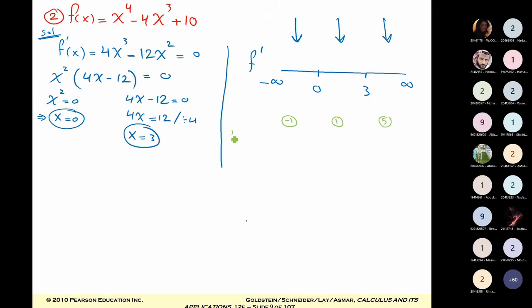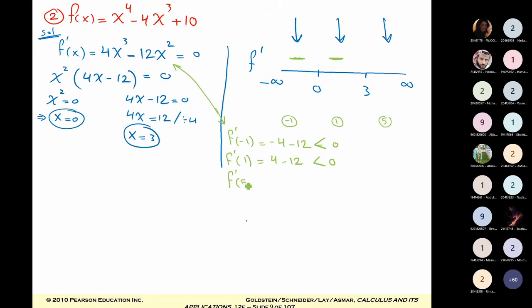Okay, so f prime of -1: we have -4 minus 12, which is less than 0, negative. Substituting 1 in f prime, we have 4 minus 12, also negative.